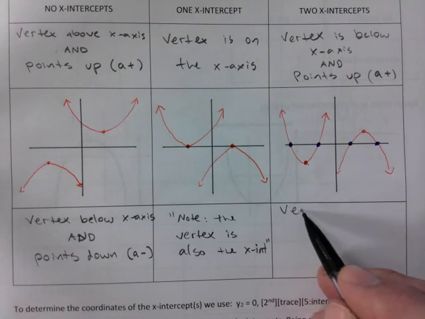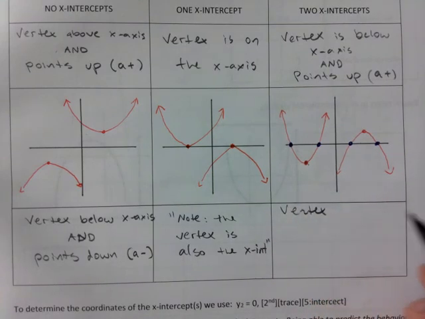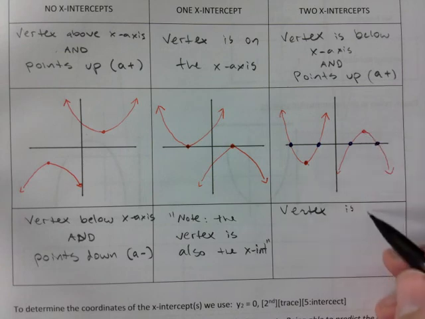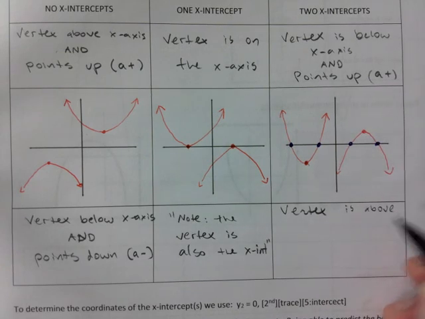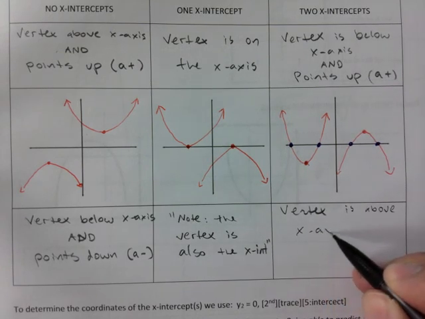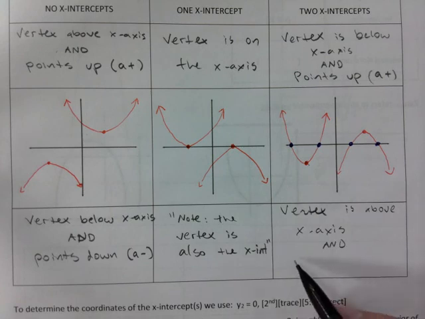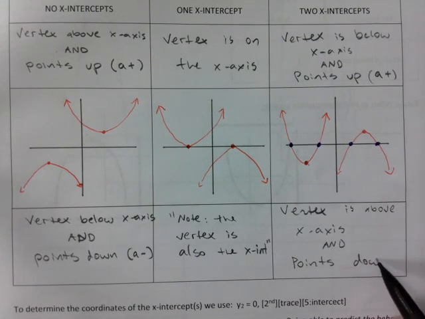Or, and I will ask you your knowledge of this, and sometimes you have to actually write it in a sentence or two. So vertex is above, let's say, and points down. A is negative.